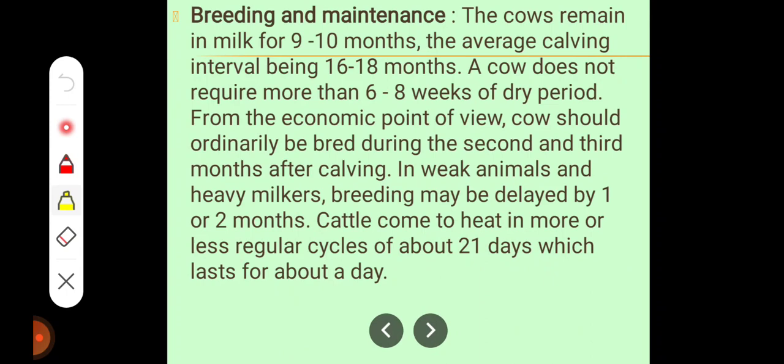In weak animals and heavy milker breeds, breeding may be delayed by 1 to 2 months. Cattle come to heat in a more or less regular cycle of about 21 days, which lasts for about a day.